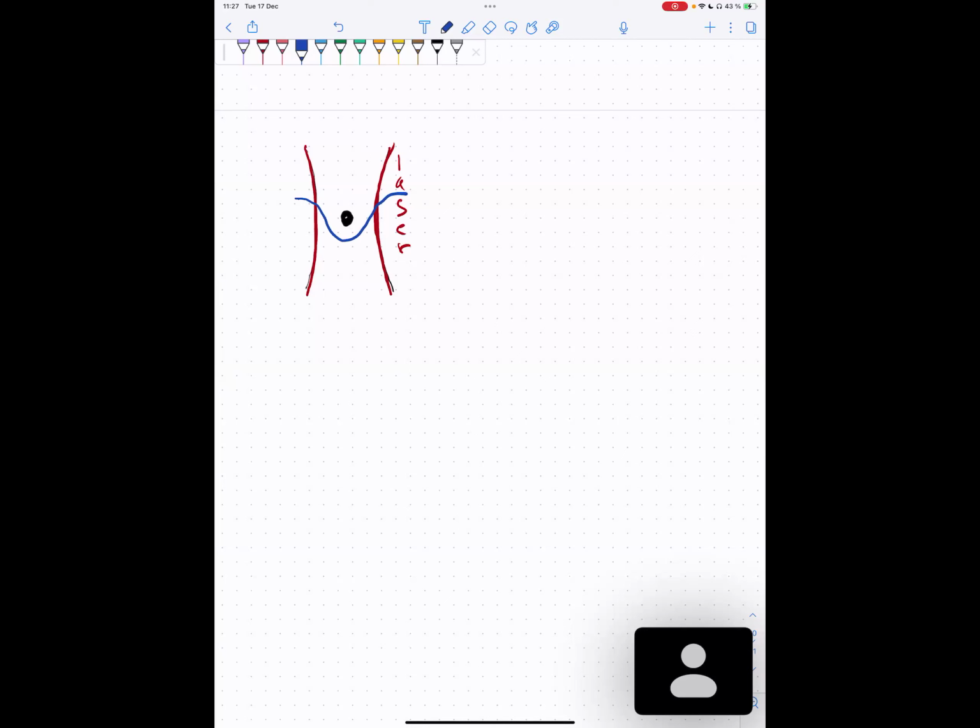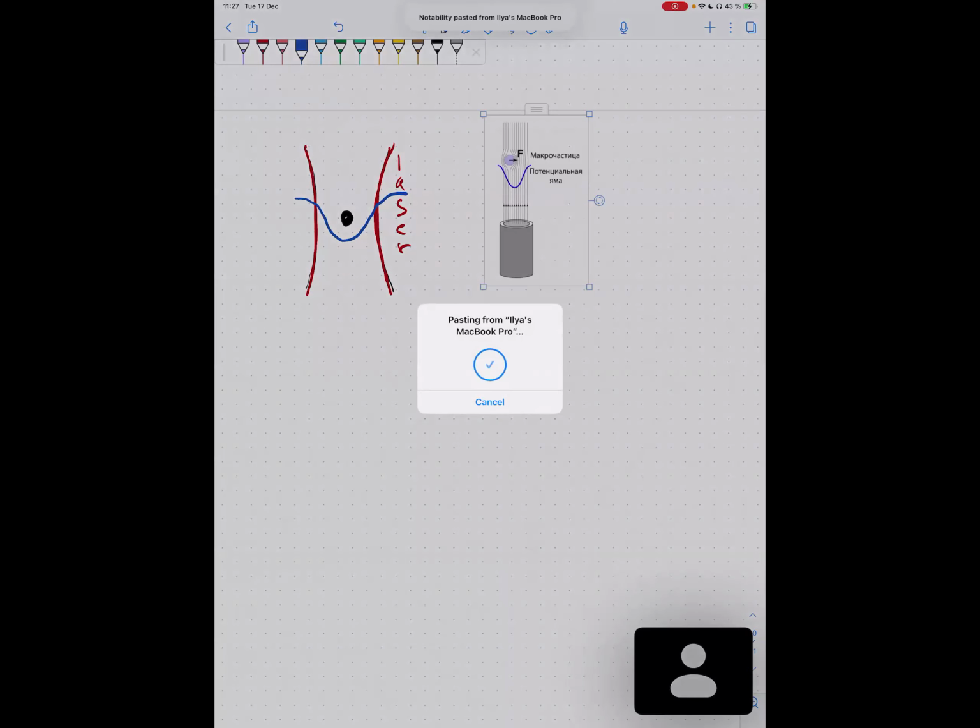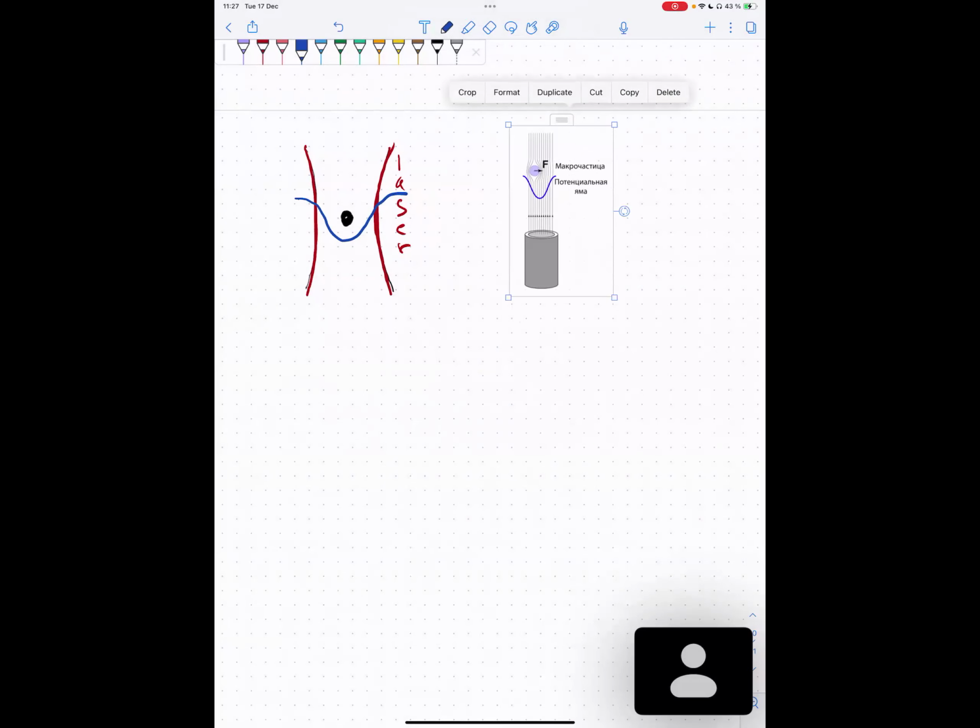So you can think about this. I think I have an image somewhere here. You know this trick that if you have some airflow, you can put the particle inside this airflow and the particle will stay inside.